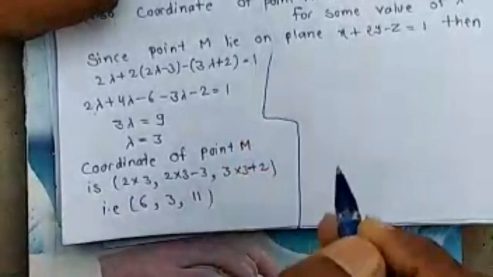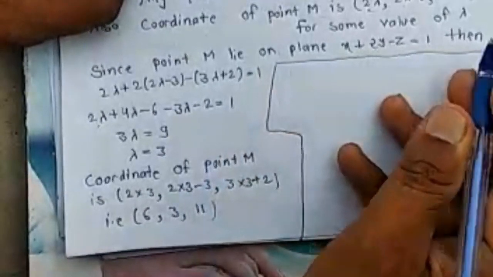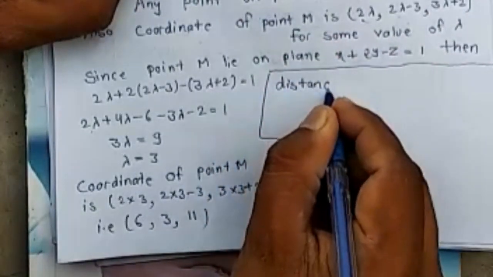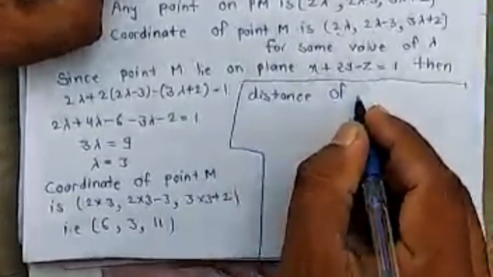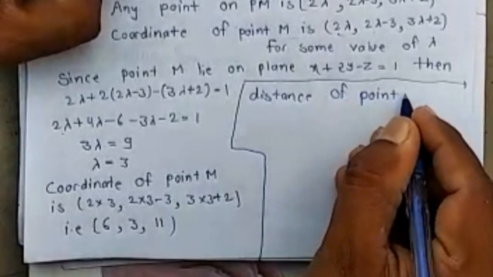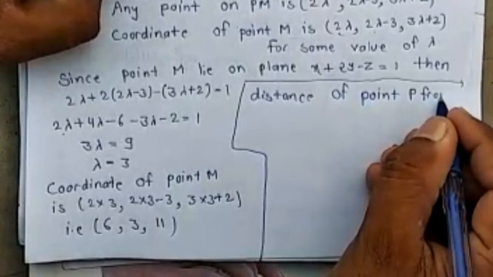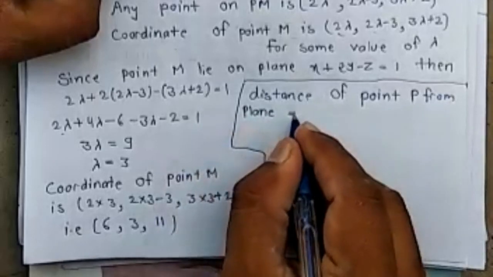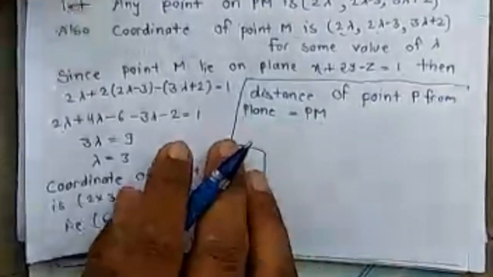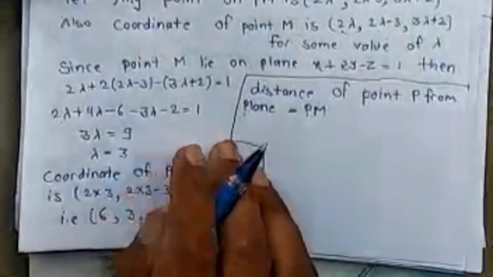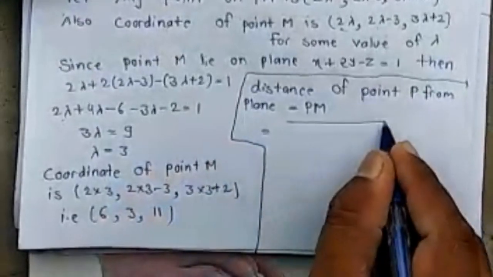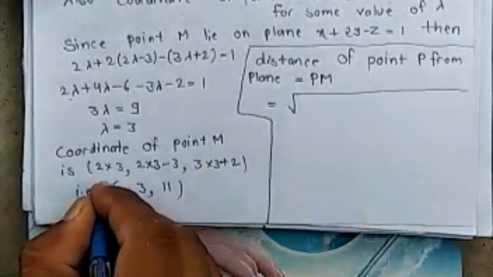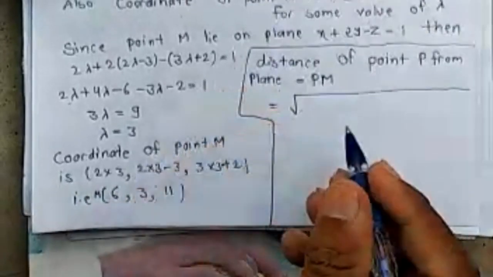Now we have to find the distance of point P from the plane, which is PM measured parallel to given line. Then PM equals distance between 2 points. First point M is (6, 3, 11) and P is this.